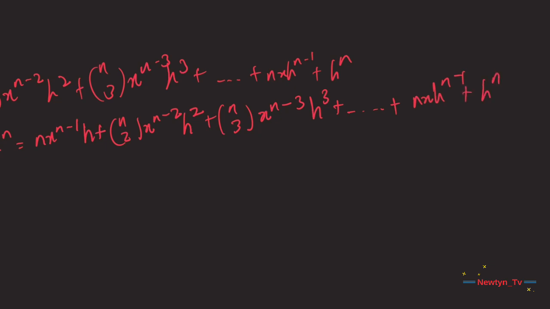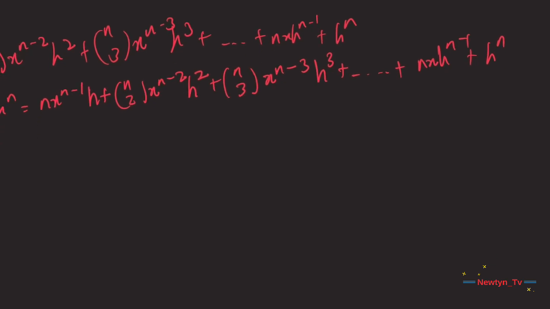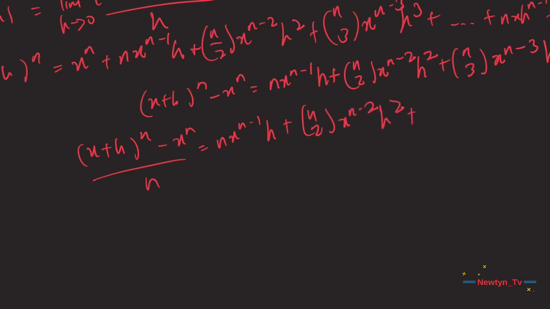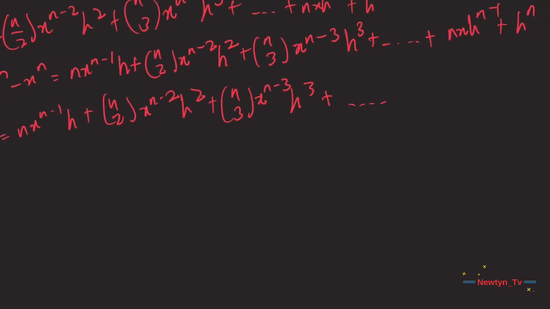Next we have to divide both sides by h. Dividing both sides by h, the left side is ((x + h)^n - x^n) over h, and the right side is each of those terms divided by h.